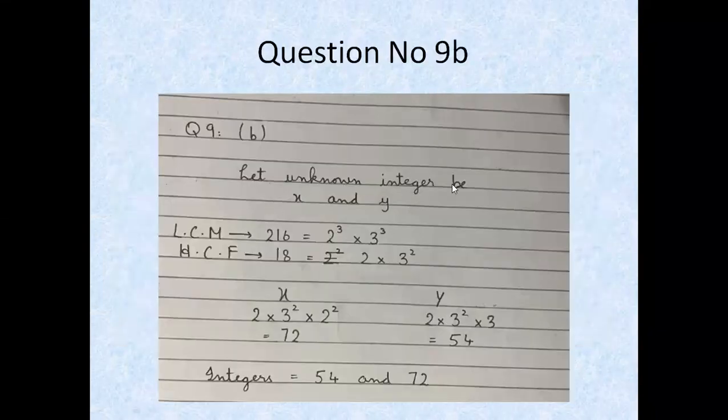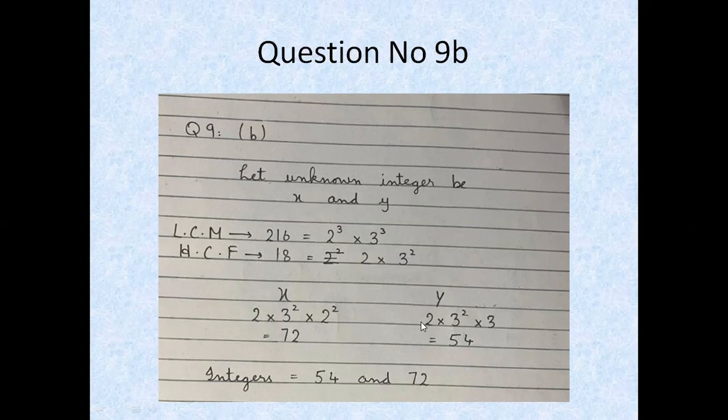So let the unknown numbers be x and y. Their LCM is 2 raised to power 3 and 3 raised to power 3. Their HCF is 18, which is 2 into 3 square. So what can those numbers possibly be? From the HCF, I can tell you that both of them have 2, and the smaller power of the 2 is 1.